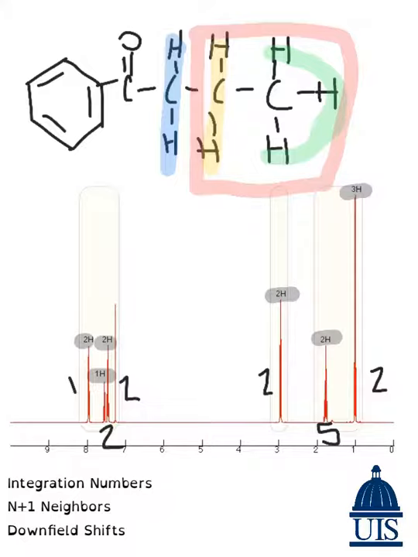In addition, we also see that we have our carbonyl group that we initially predicted in our IR analysis, and we also have the benzene ring that we predicted in our IR analysis, as well as our C to H sp3 hybridized bond stretches, which can be found over here.